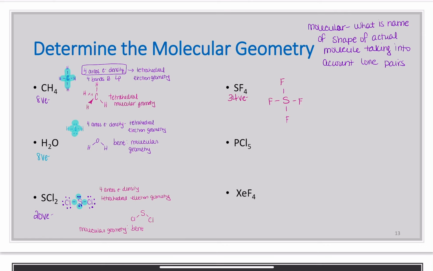So let's count to make sure I've got the right number. 2, 4, 6, 8, 10, 12, 14, 16, 18, 20, 22, 24, 26, 28, 30, 32. Yeah, that sounds better. And 34. So I've got one lone pair on my central atom, my sulfur, and I've got 1, 2, 3, 4, 5 areas of electron density.